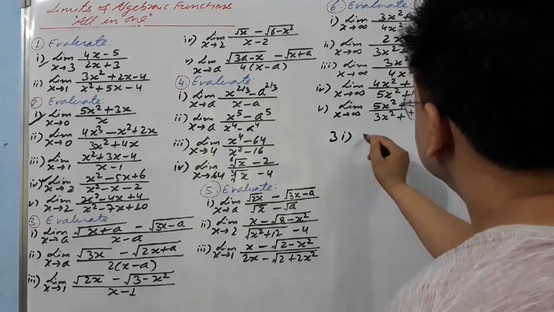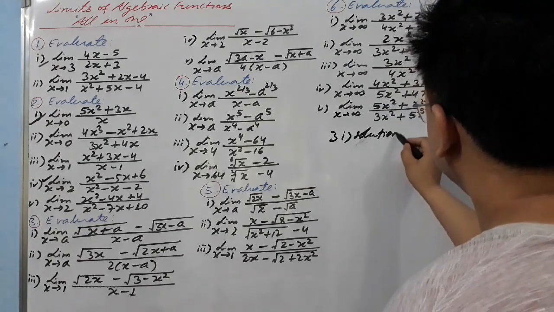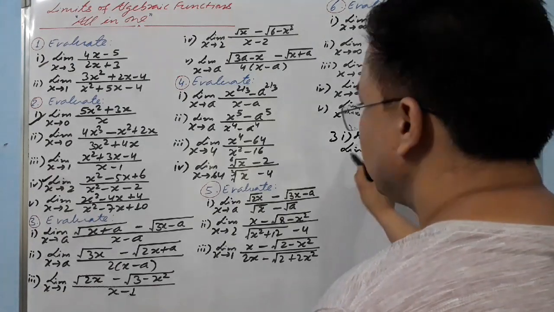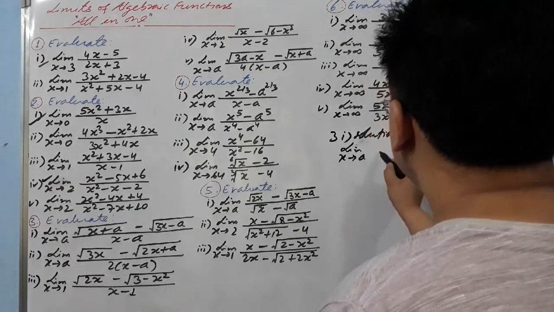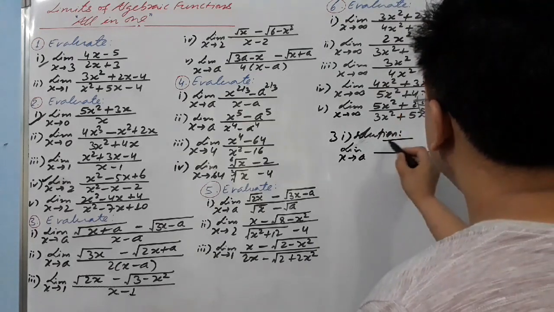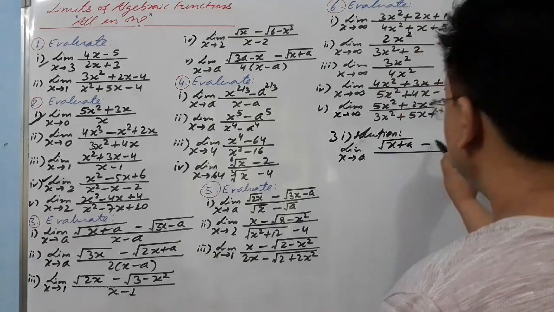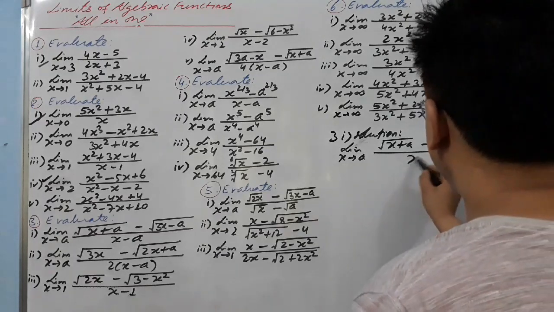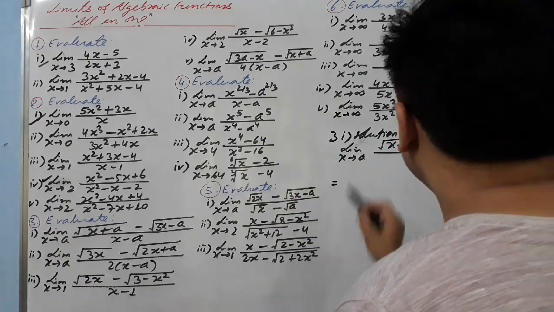Solution. Your question number 3 is limit, very interesting question, as x tends to a, root x plus a minus root 3x minus a over x minus a is equal to.